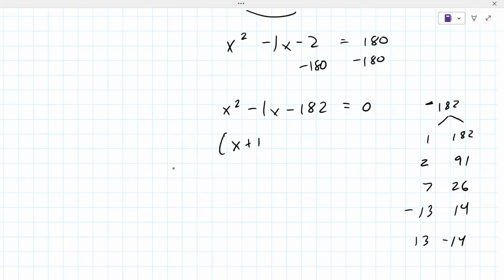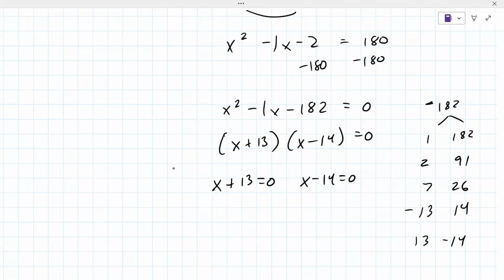So that's x plus 13, that's x minus 14, equals 0. You set them both equal to 0. Could you solve for x for both of those, please?